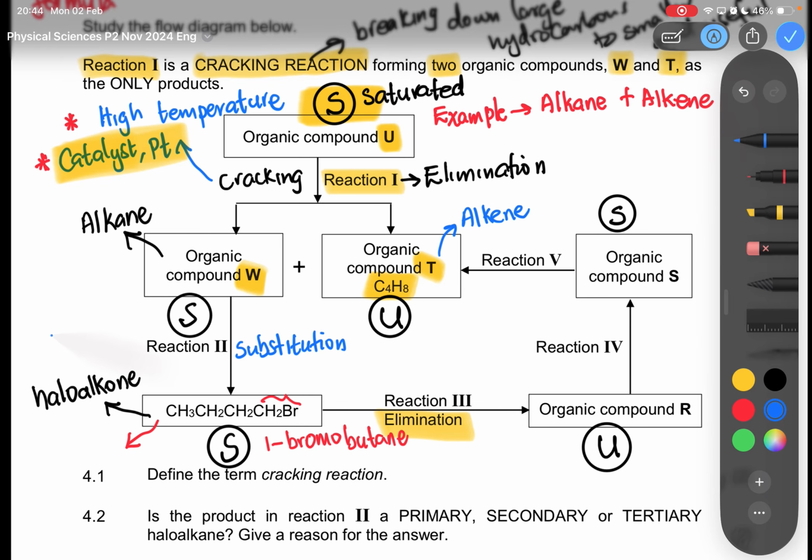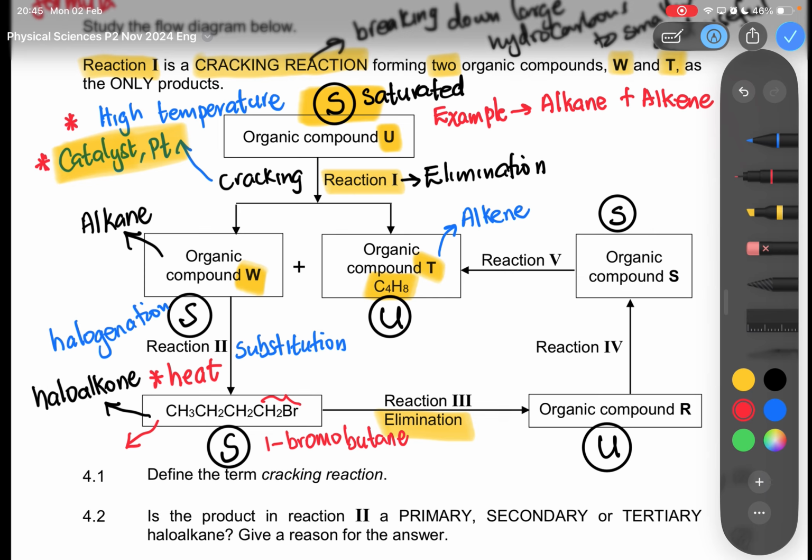So we are substituting a halogen, which means the type of substitution here is called halogenation. And this reaction requires heat. For this reaction to take place, it requires heat, right?